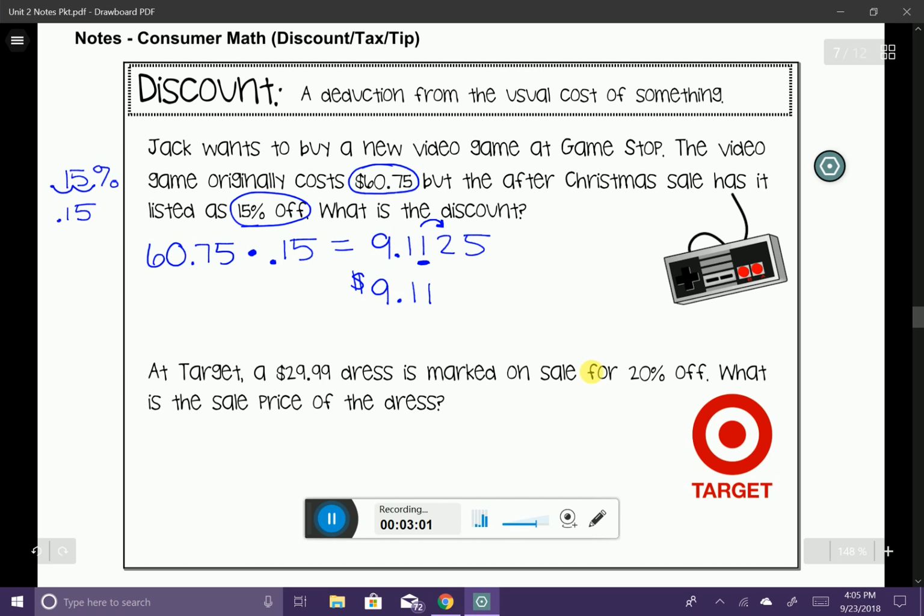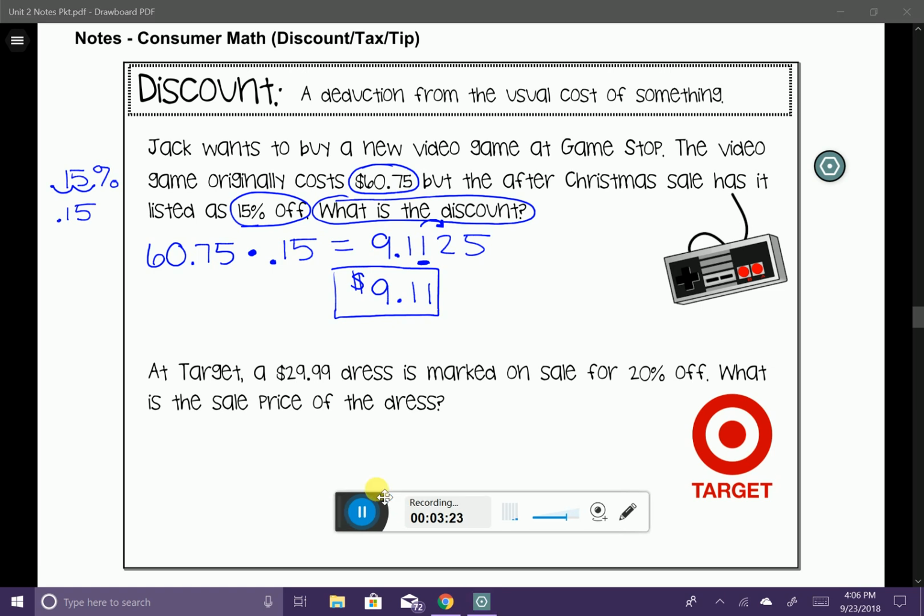So $9.11 is going to be the discount that Jack would get off of this video game if he purchased it. That doesn't mean that he's going to spend $9.11 on the video game completely. This is just saying, what is the discount? So how much money are we going to be taking off?